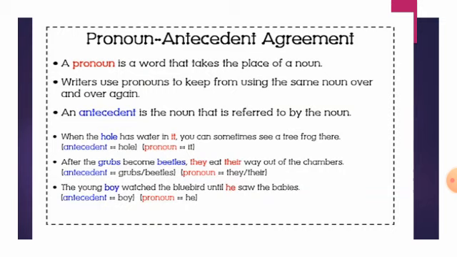A pronoun is a word that takes the place of a noun, but the antecedent is the noun that is referred to by the pronoun. For example, when the hole has water in it, this it is referring to the hole, so hole is the antecedent. Understand? Both agree with each other. When I am talking about the hole, I have used it for that hole.